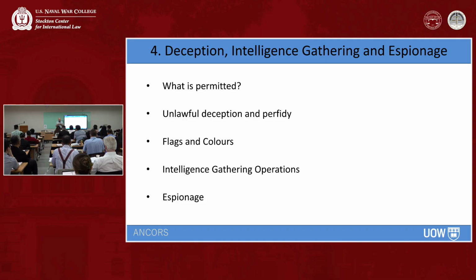Situations where false funnels were created to take your vessel from a 2-funneled vessel to a 4-funneled vessel, and it now looked like somebody else's. Those types of deceptions have long been part of naval warfare, and in some cases may still have a role to play. But there are other types of deceptions that are not permitted.